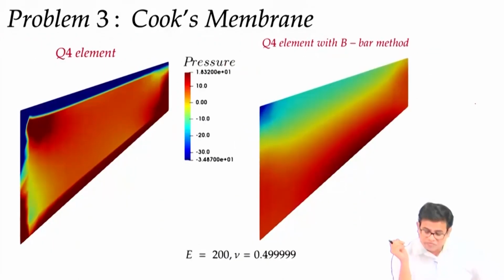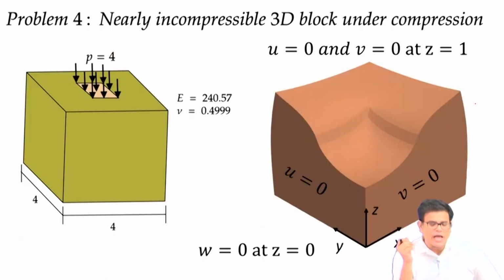Now if I plot the pressure, you can see that for the Q4 element the pressure diagram is very poor, even though we have smoothed the pressure here, compared to the B-bar method. So naturally we should use a modified element when solving problems where the incompressibility constraint is present. In the next example, I just want to show one last example.